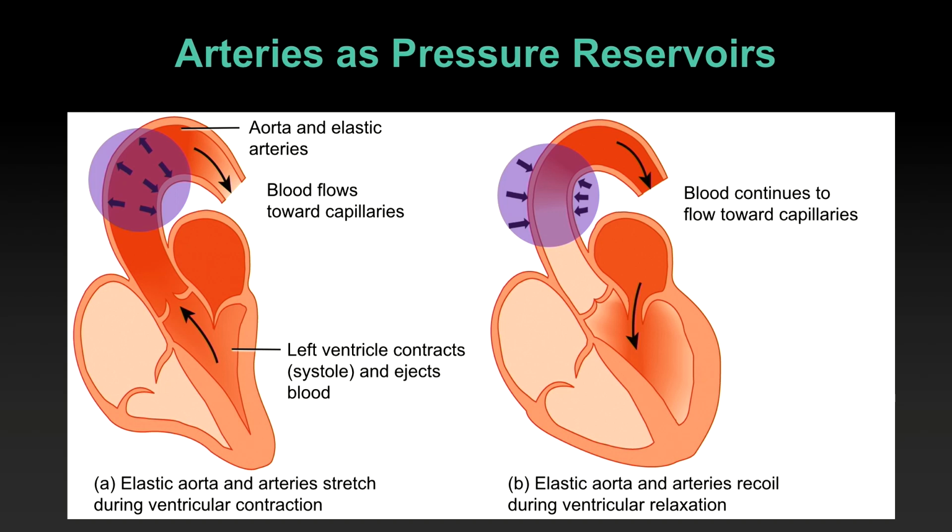So two-pronged approach. Blood is pushed by the heart as it squeezes, and there's recoil by the aorta and the arteries as there's this reflex wave as the walls return to their original shape and push blood through the arterial system.